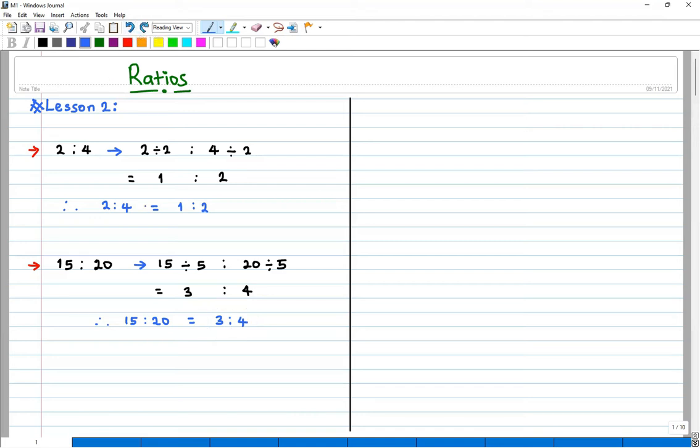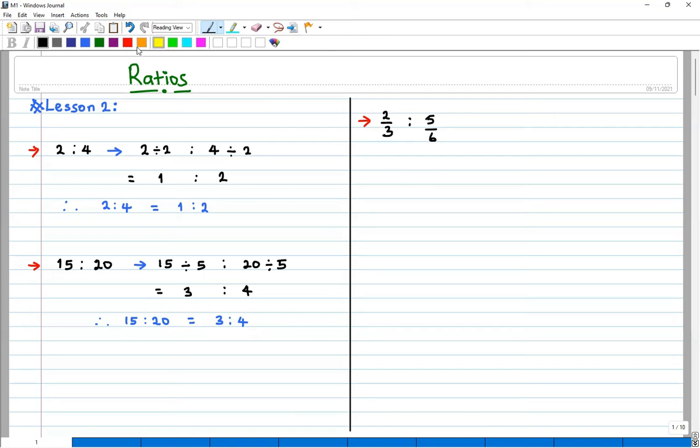Now, what happens if you have a ratio that is in fraction form? Let's say you have a ratio like 2 out of 3 to 5 out of 6. How can you be able to simplify this?